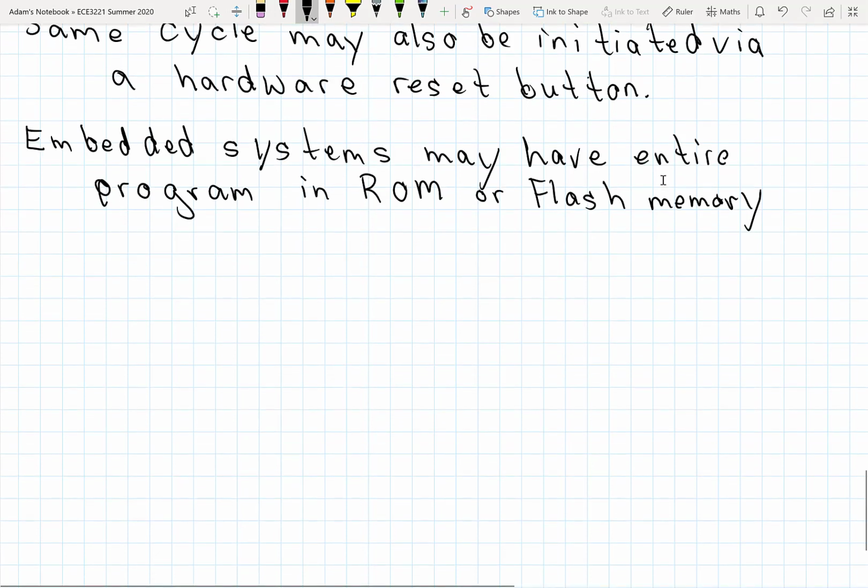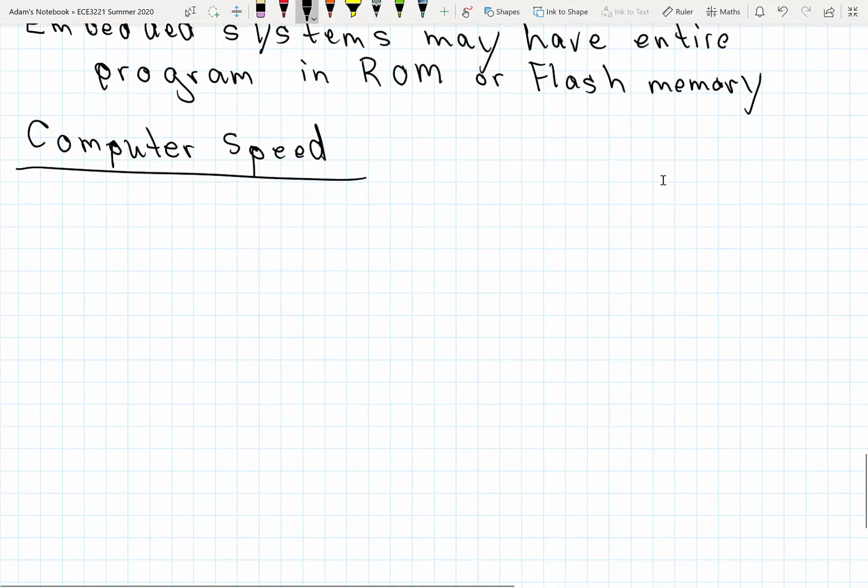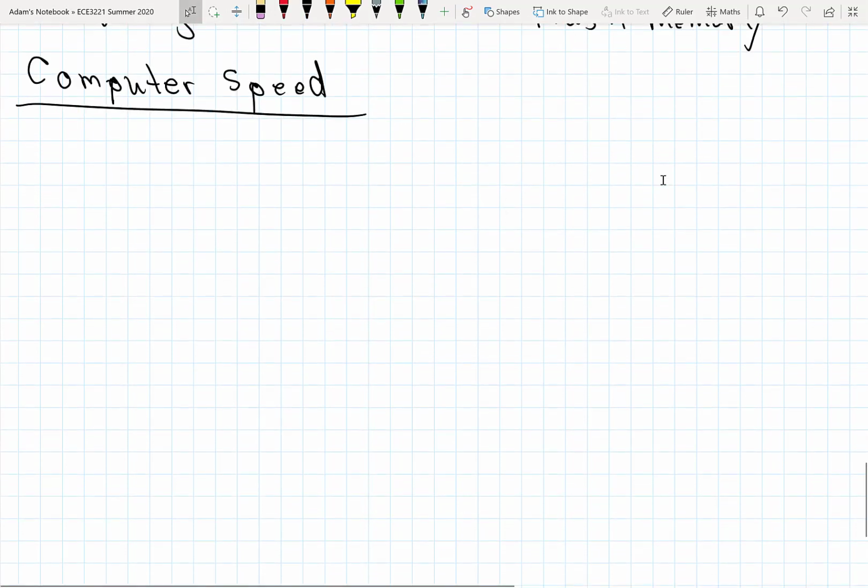Let's revisit the topic of the speed of the computer. So let's think about the things that impact our speed.